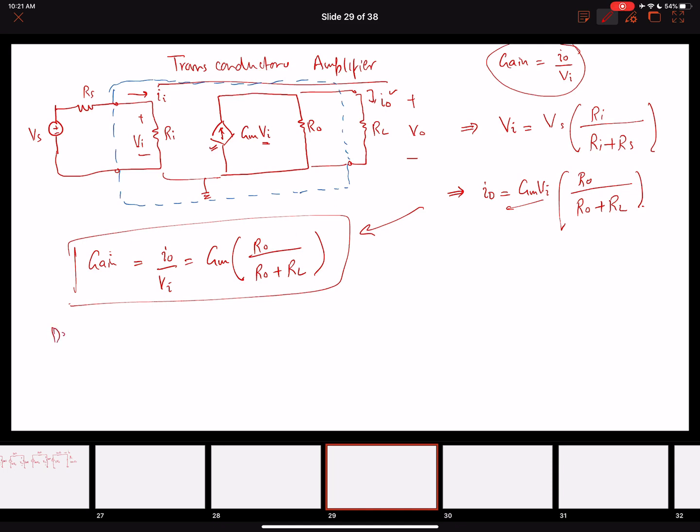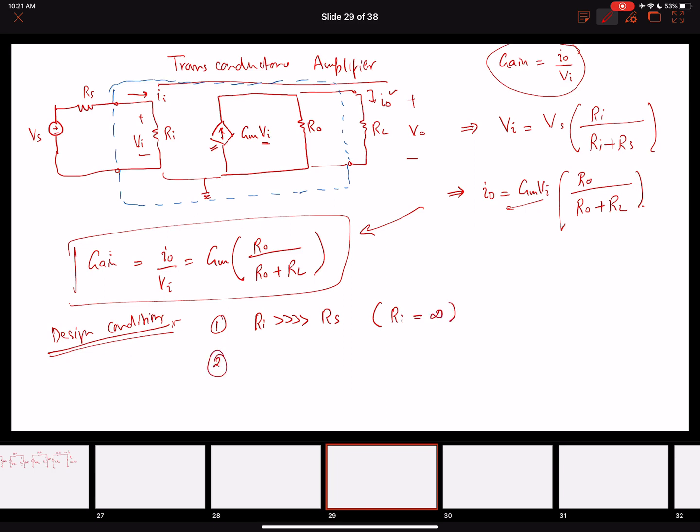Now design characteristics, design conditions again in terms of resistances and the voltages. Right, since our input is a voltage source, we can have our first condition similar to that for a voltage amplifier, in which we want our input resistance to be sufficiently larger than the source resistance, or ideally we want our input resistance to be infinite.